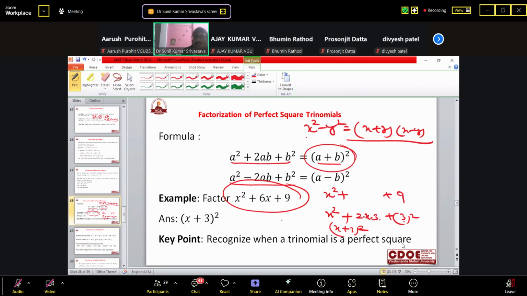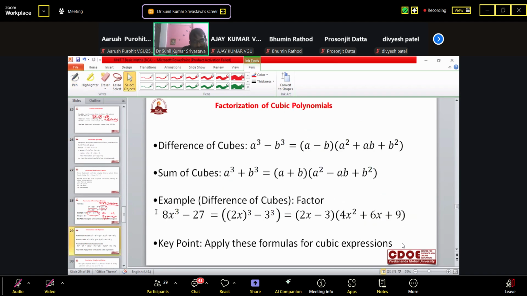In this way, we can recognize the factorization terminology to find the perfect square of a trinomial, which has 3 terms. Difference of the cubes, we have some standard formulas here. a cube minus b cube: in one bracket we have a minus b, and in another bracket we have a square plus b square plus ab.